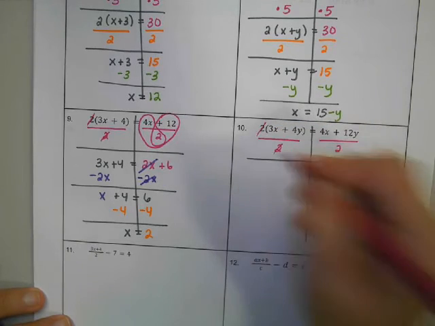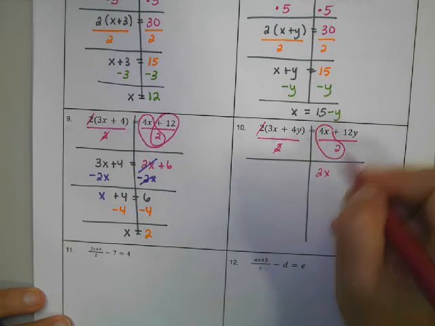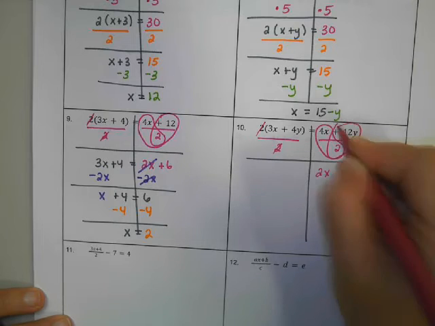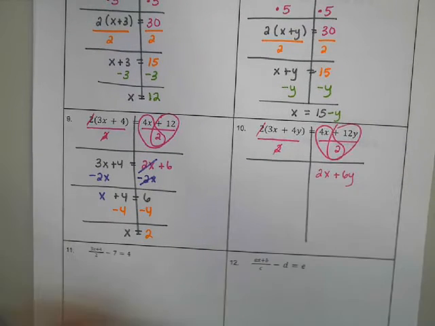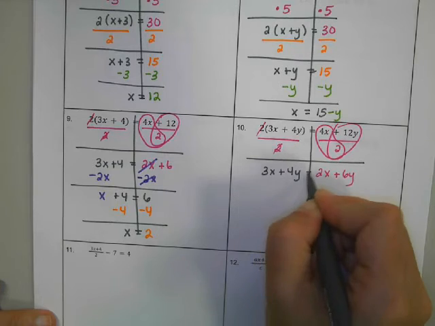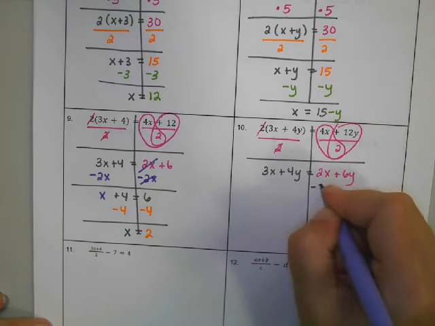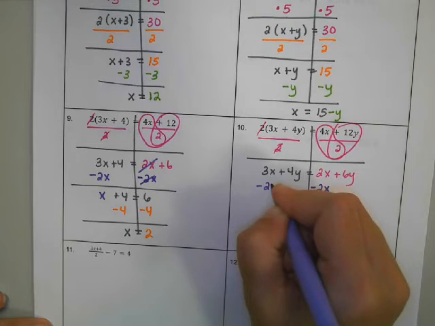So the 2's cancel, and 4 divided by 2 gives me 2x, and 12 divided by 2 gives me 6y. And I'm going to go ahead and drop down my 3x plus 4y equals. Next, I'm going to get my x's together, so I'm going to subtract 2x on both sides.